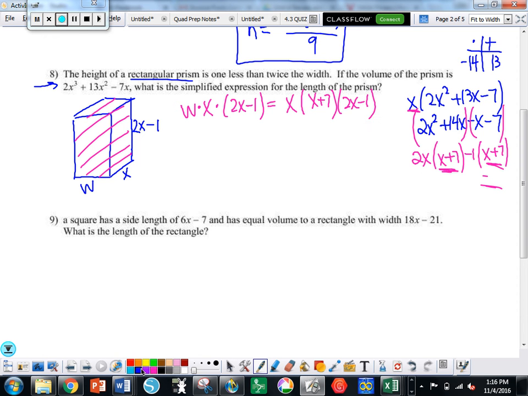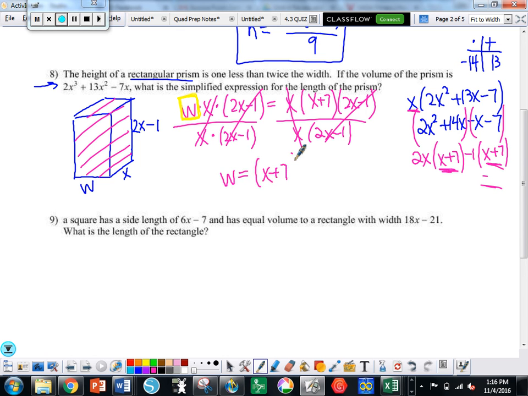Now if those are equal, I can set up an equation and get the variable we are trying to solve for by itself. If I want w to be alone, I'm going to have to divide both sides by x times 2x minus 1. The x's cancel, the 2x minus 1 cancels. Convenient. This has happened every single time we've done this problem. W equals x plus 7.